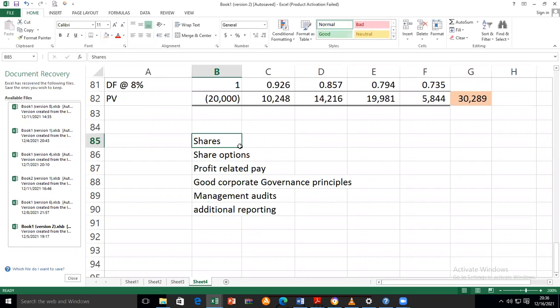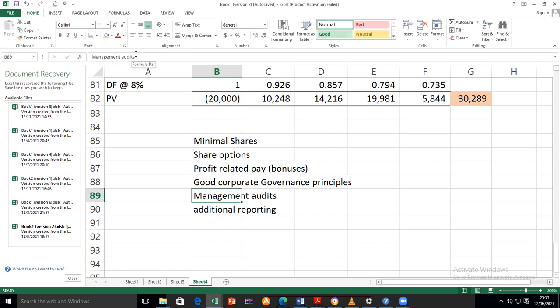Try to give them some shares, minimal shareholding, so that they become responsible. Share options, give them rights to buy shares in the company. Profit-related pay, bonuses, good corporate governance, such as remuneration committees, management audits.